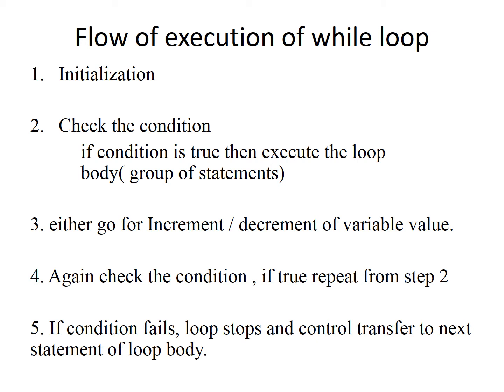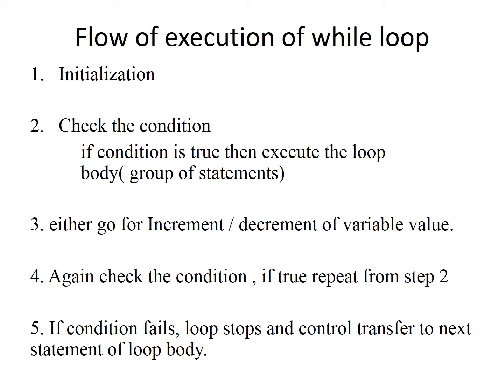After that, we are going for incrementing or decrementing the value of the variable which was initialized. It is going to be incremented by some common amount, and then again the condition is going to be checked.